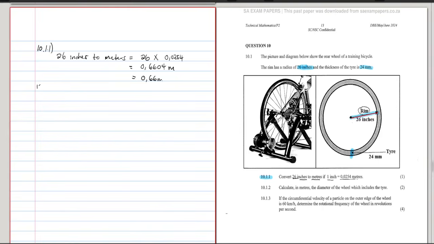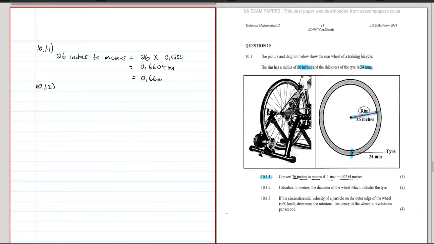For the next question, they are asking us to calculate in meters the diameter of the wheel, which includes the tire. So what we are asked to calculate is now the diameter. What is the diameter?